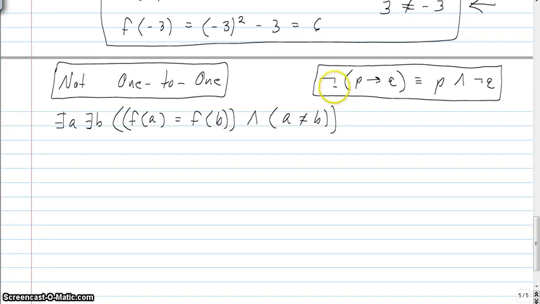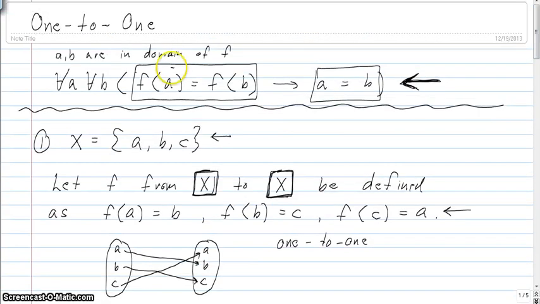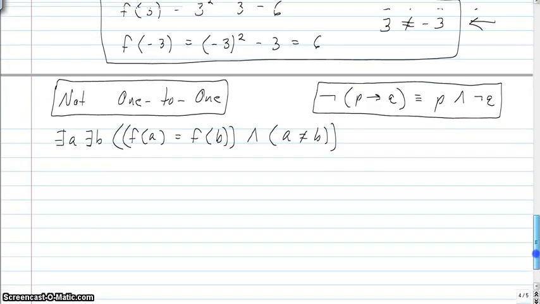If we negate the conditional proposition, that is logically equivalent to P and not Q. Right? So that's what I've done. I've taken this as P and this as Q, and in the negation we've got P and not Q.